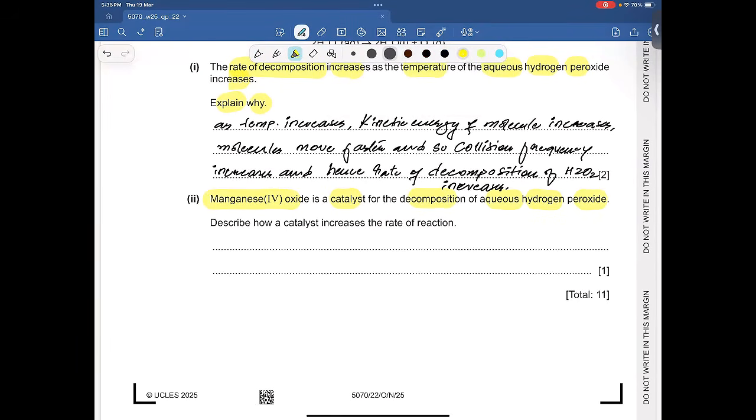Manganese(IV) oxide is a catalyst for the decomposition of hydrogen peroxide. We have done this experiment in the class in the chemical kinetics chapter. All right. Describe how a catalyst increases the rate of reaction. Catalyst provides an alternative path which reduces the activation energy.